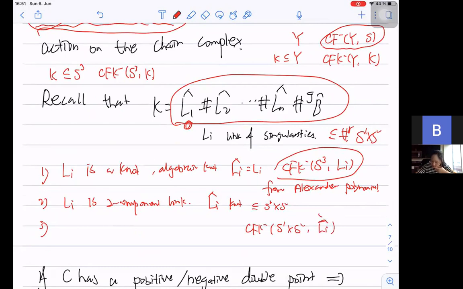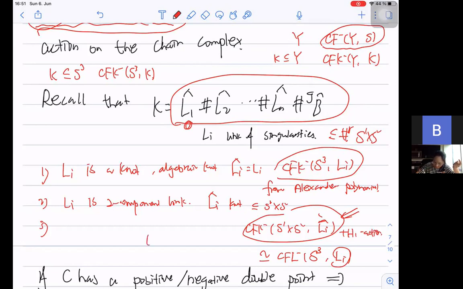We prove that this whole chain complex is homotopy equivalent to CFL minus for this link inside S^3, not inside S^1 × S^2. This means that if you know the Heegaard diagram for this link inside S^3, you can recover the chain complex of this knot, and also the H_1 action. Here, H_1 action means the first homology of the ambient three-manifold acts on the chain complex.